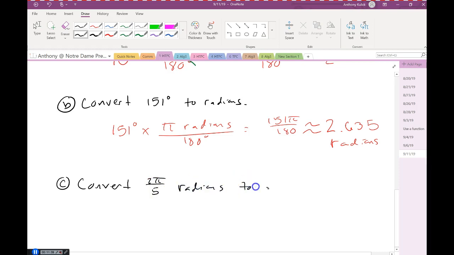So let's say we want to convert 2 pi over 5 radians to degrees. Again, I'm going to start with what I know, which is 2 pi over 5, and then multiply it by some conversion factor. What should be the denominator of this conversion factor? Pi radians.